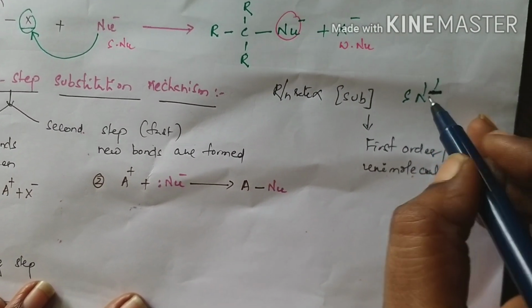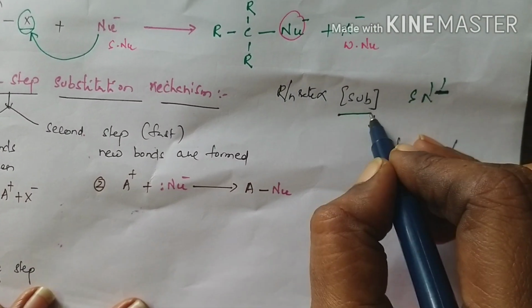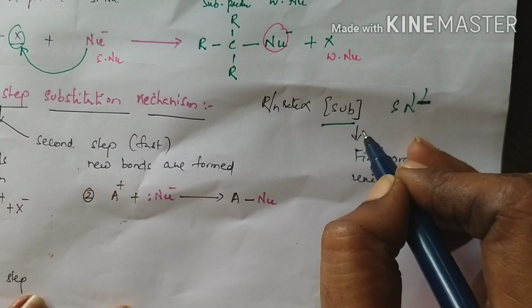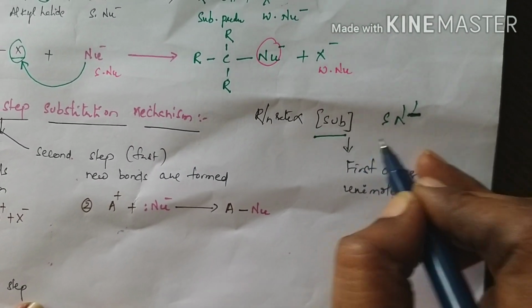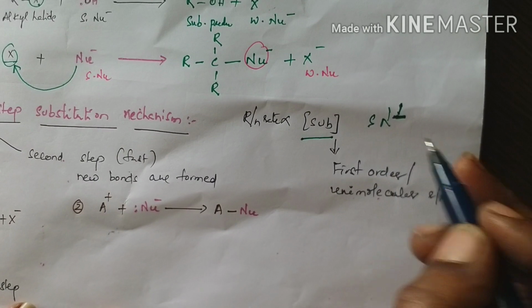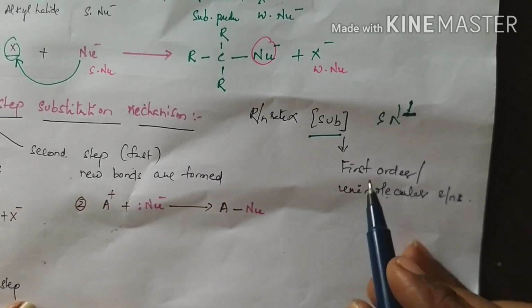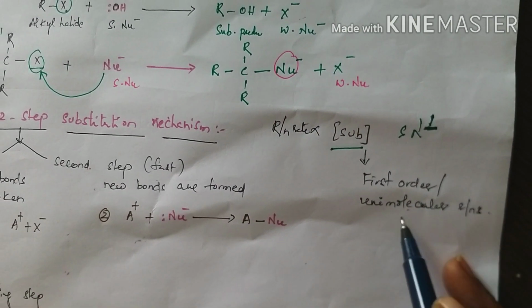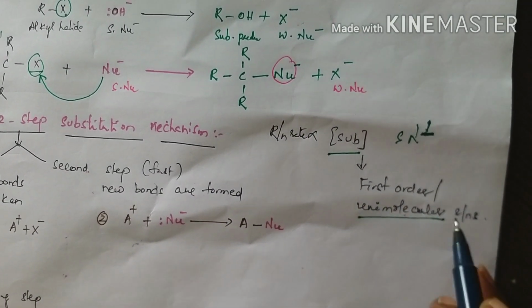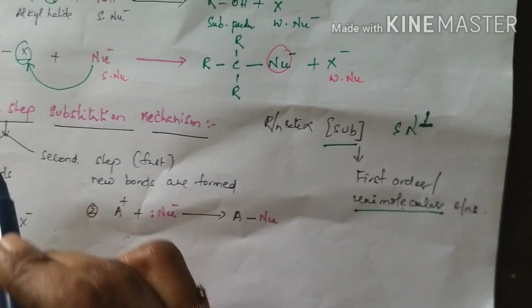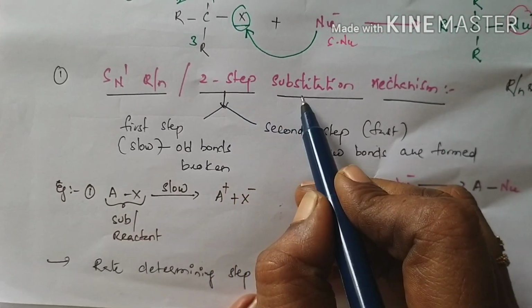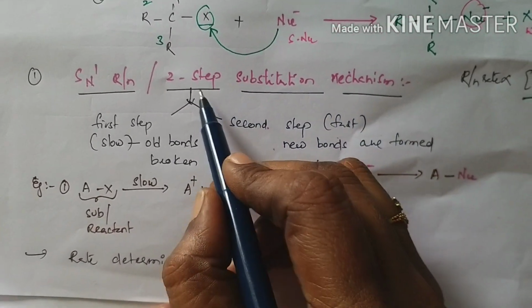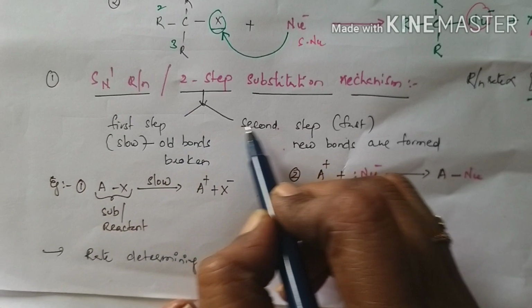Here 1 means it depends only on the concentration of the substrate and not on the concentration of the nucleophile. This type of reaction is also regarded as a first order reaction and a unimolecular reaction. It is also known as a two-step substitution reaction, because it is done in two steps.